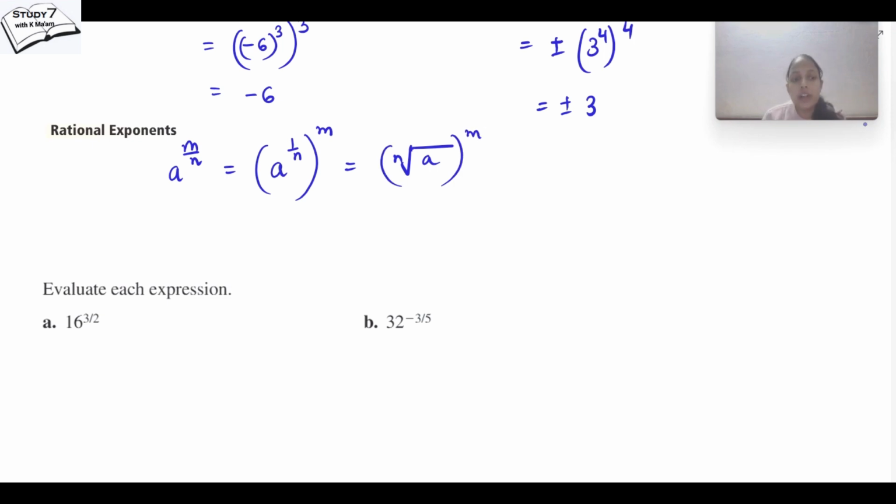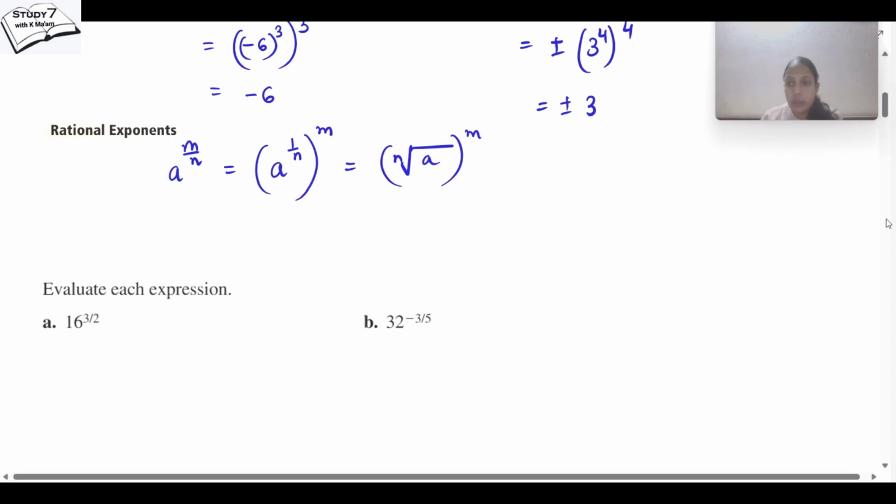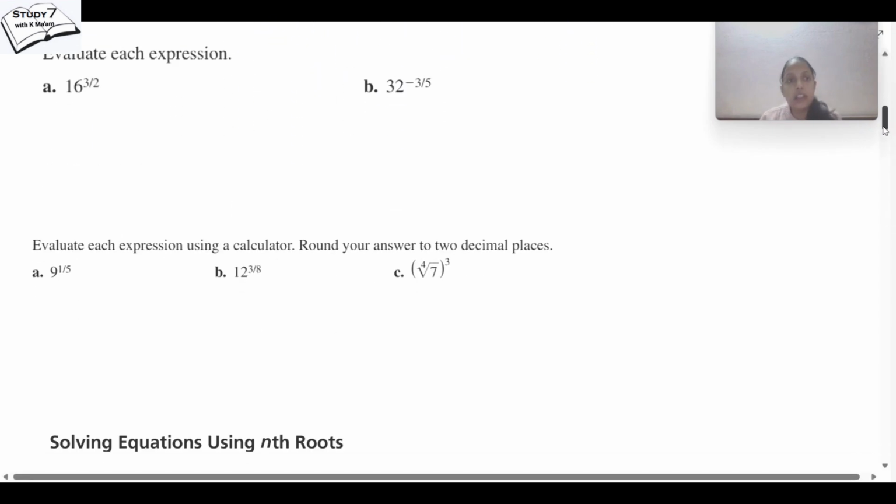Make sure your a value is negative or positive according to the n, right? Because we know that we cannot calculate if n is even and a is a negative number. We cannot calculate an even root of a negative number. Okay? So we can start with this question.